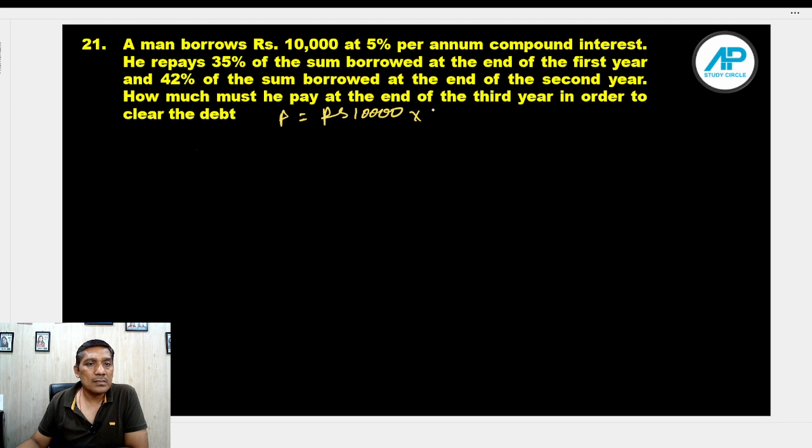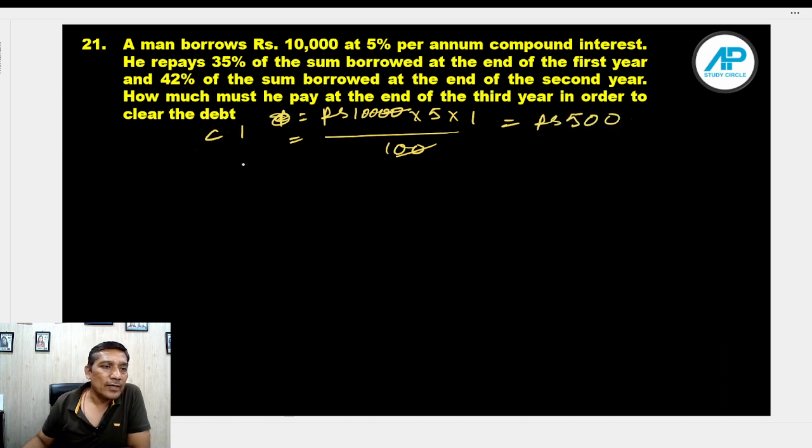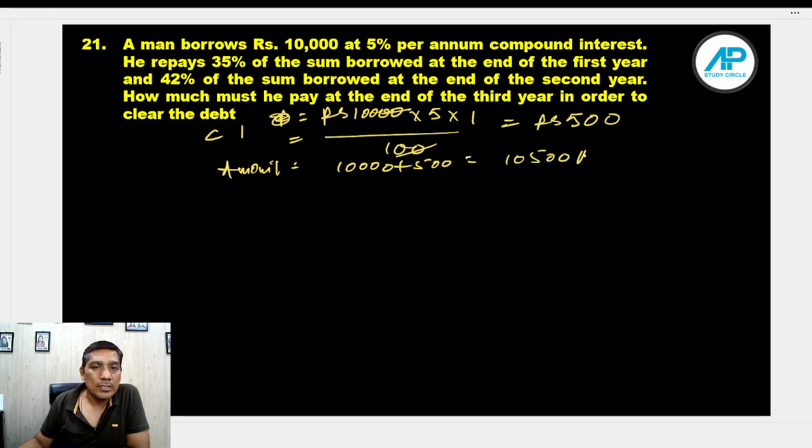Principal 10,000 rupees into 5 into 1 upon 100. I'm getting CI for the first year, rupees 500. Amount: 10,000 plus 500 gives me 10500 rupees. Now, out of this value, you need to repay back 35% of the sum borrowed.